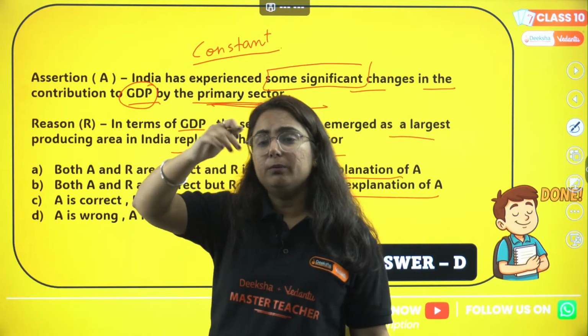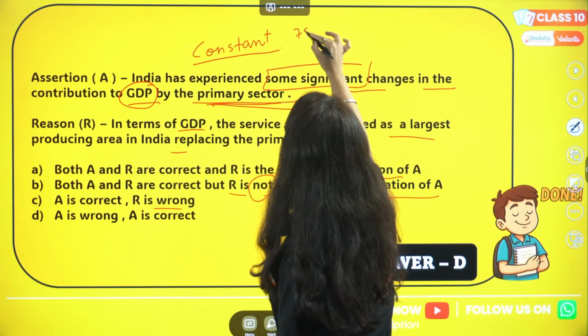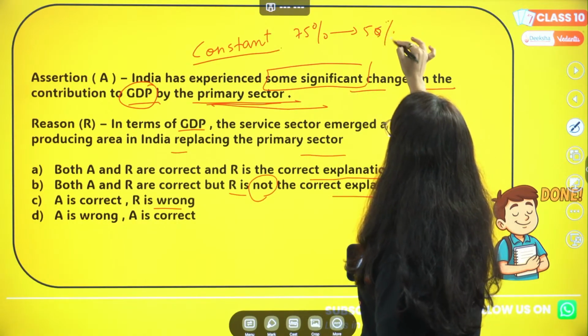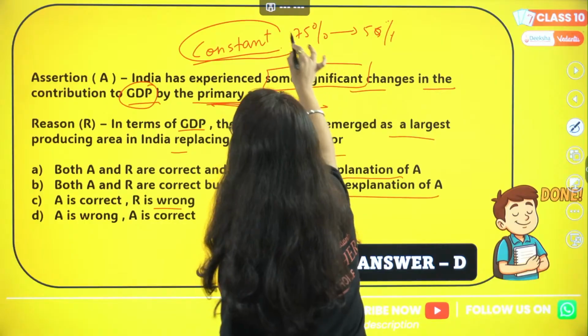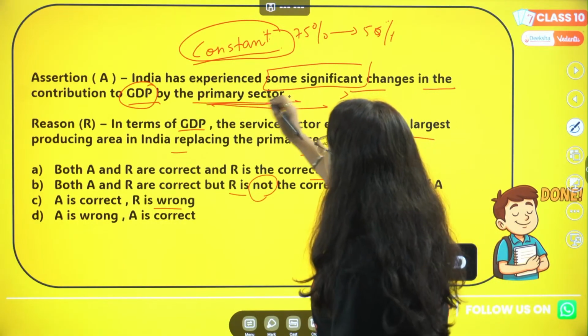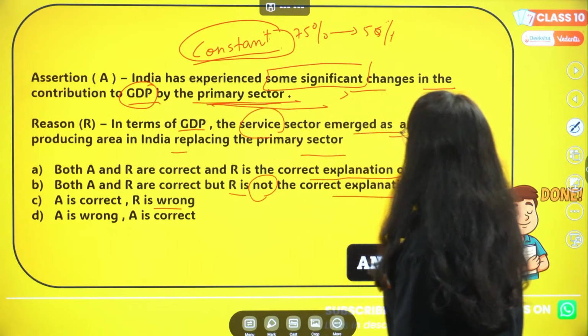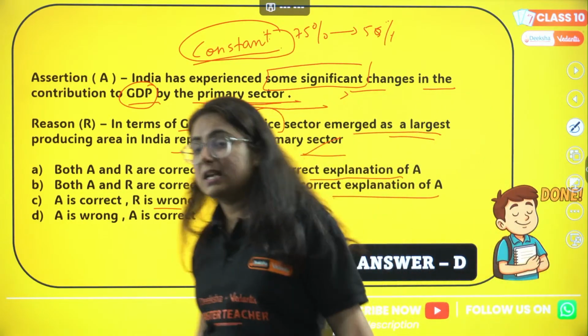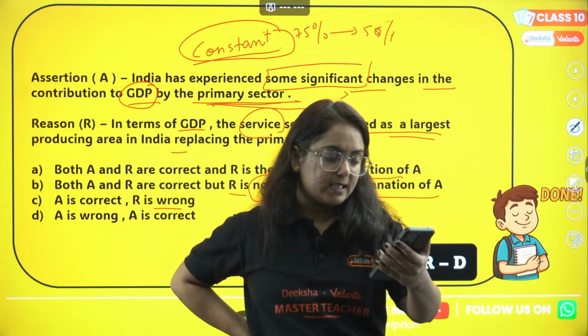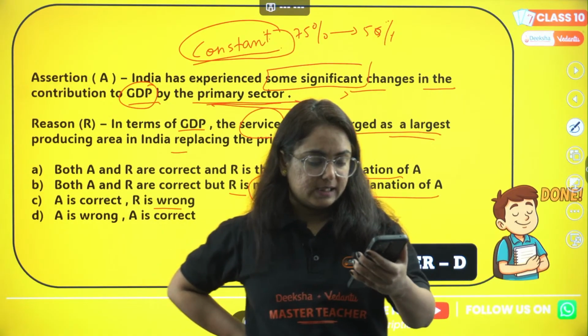Rather, employment reduced from 75% to some 55%, but the GDP remains very constant. In terms of GDP, the service sector emerged as the largest one. Yes, the service sector emerged to be the largest one. This is correct, okay? Get this or not?